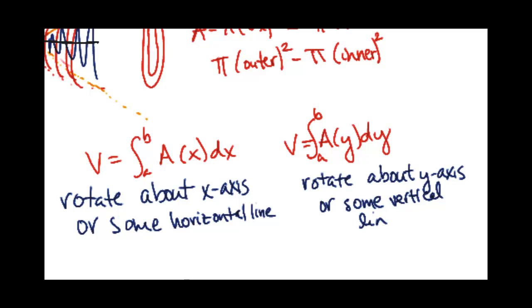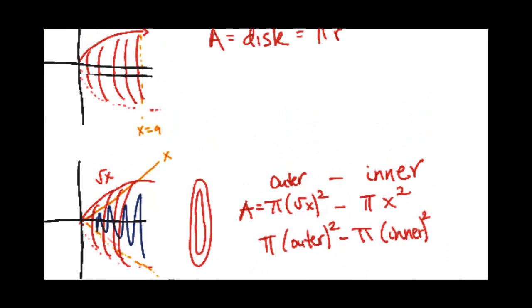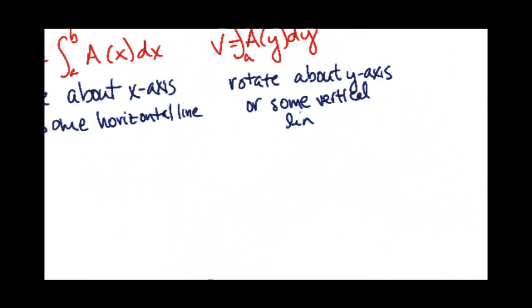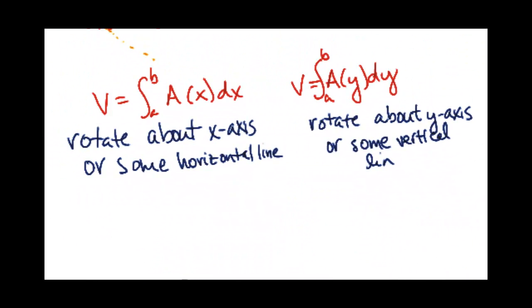Okay, we could have just as easily rotated this square root of x up there about the y-axis, and it would have looked something like this. Actually, let's do my function in a different color. Let's take the red. So there's the square root of x, and it stops at 9, right?